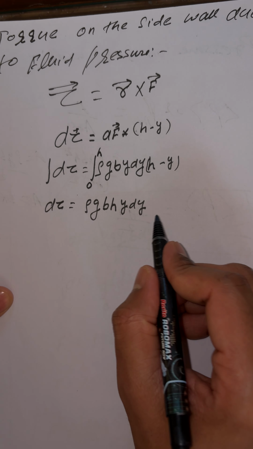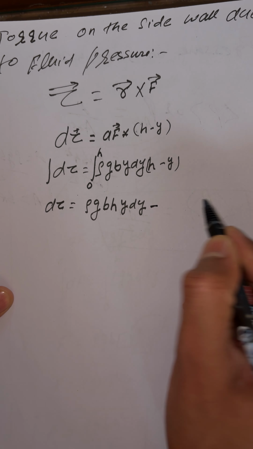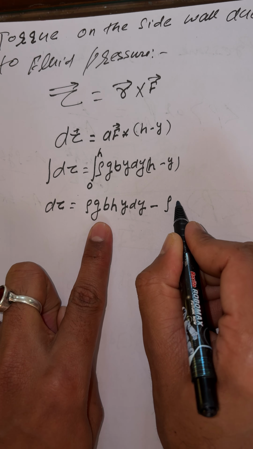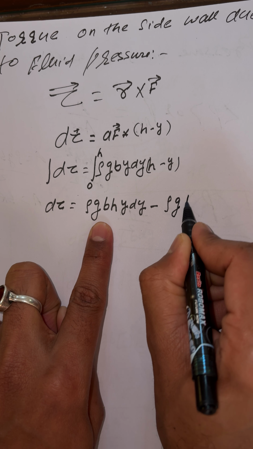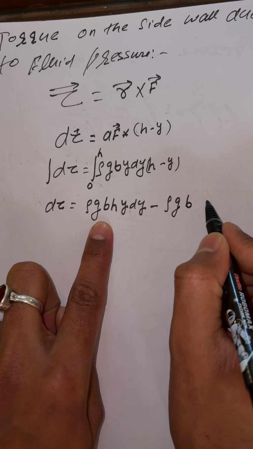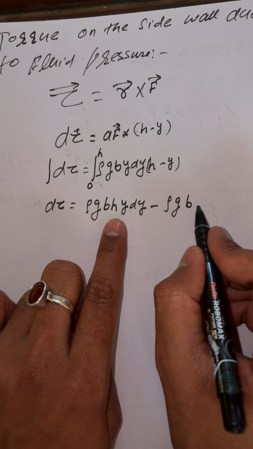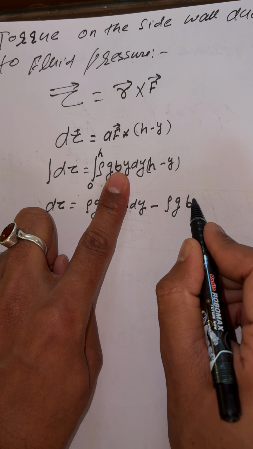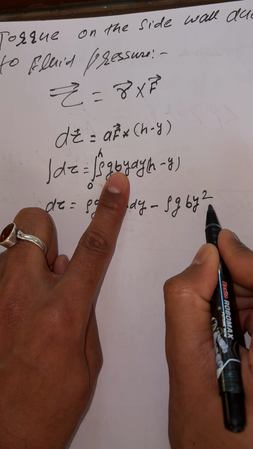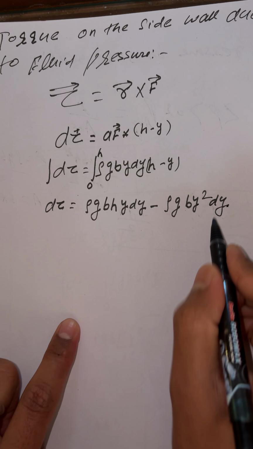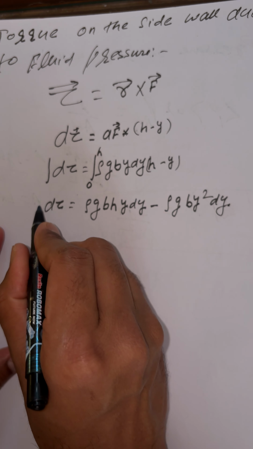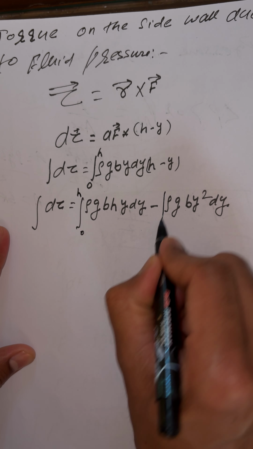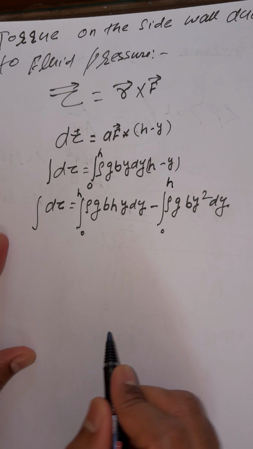Now students, minus rho g b into y squared dy. Now apply the limit on both sides, 0 to h, here also 0 to h.